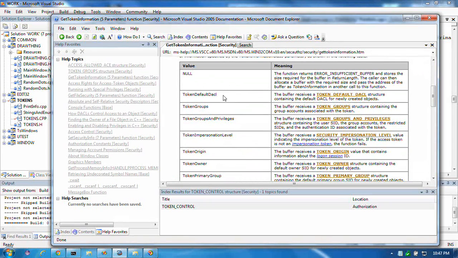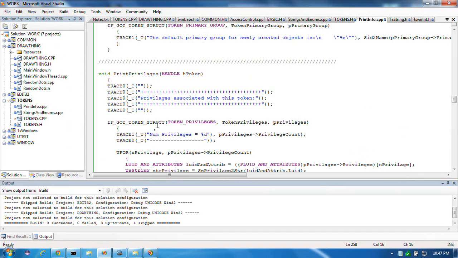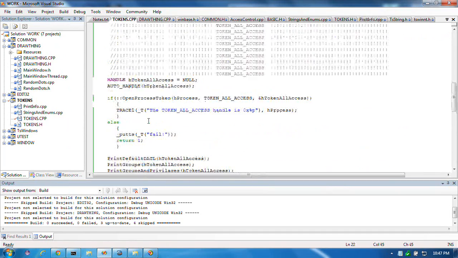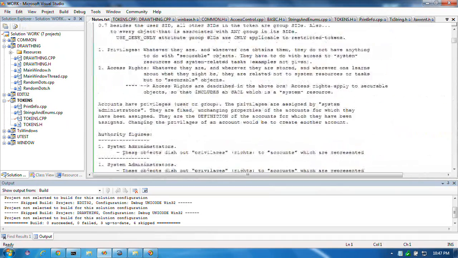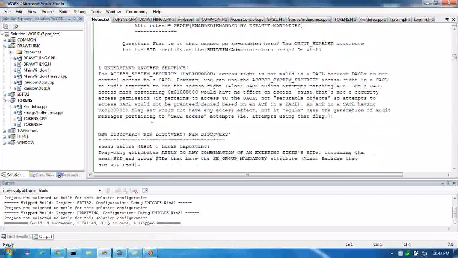One of the things inside your access token is a DACL struct, the default discretionary access control list. My default list looks like, I'll do that down here.